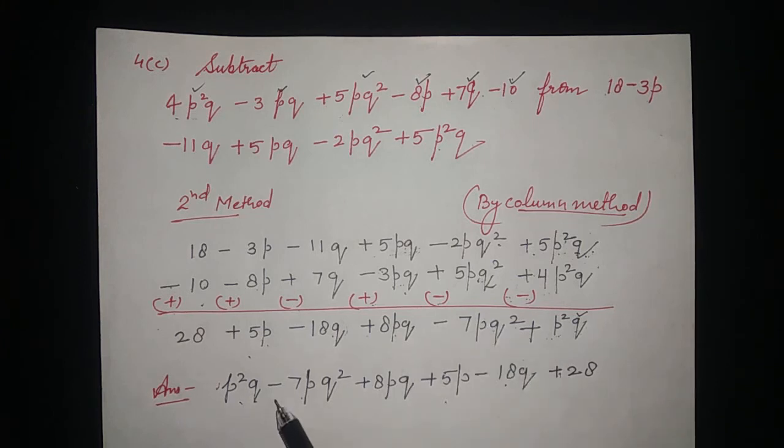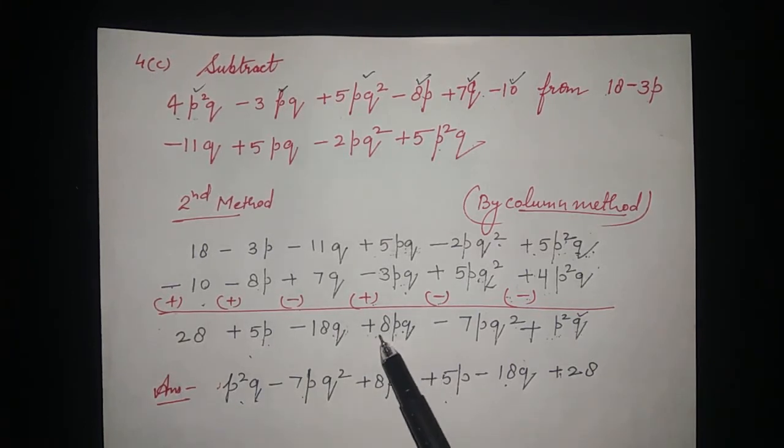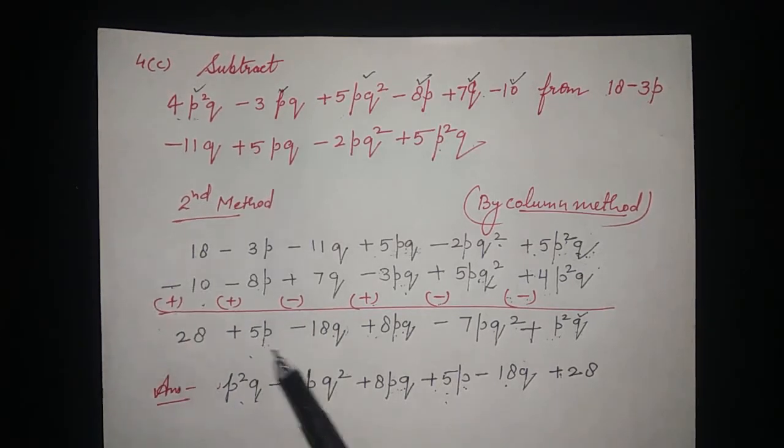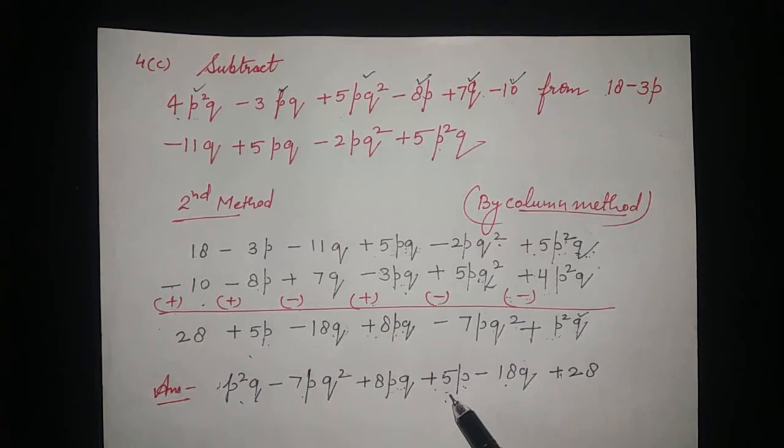So we will take here minus 7pq square. Clear? Then we will take 8pq. Its power is also 1. And here q is with power 2 and here q has only one power. Okay. Then plus 5p.